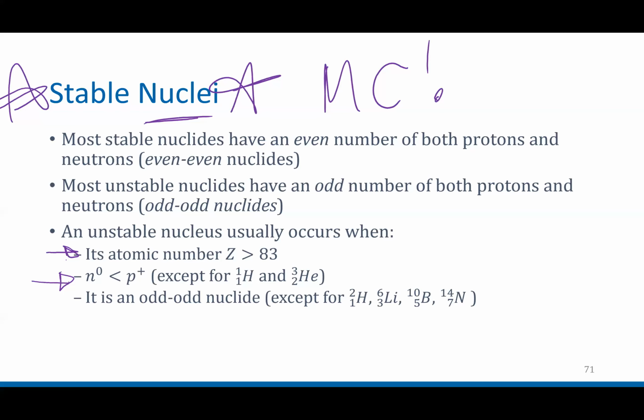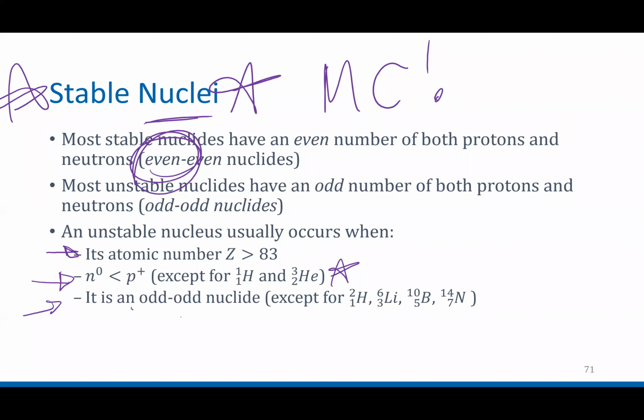Two, if your number of neutrons is less than your number of protons, and we will talk about this in a minute. And then the last one, if the isotope has odd protons and odd neutrons. Even is good, you can see it in this note.